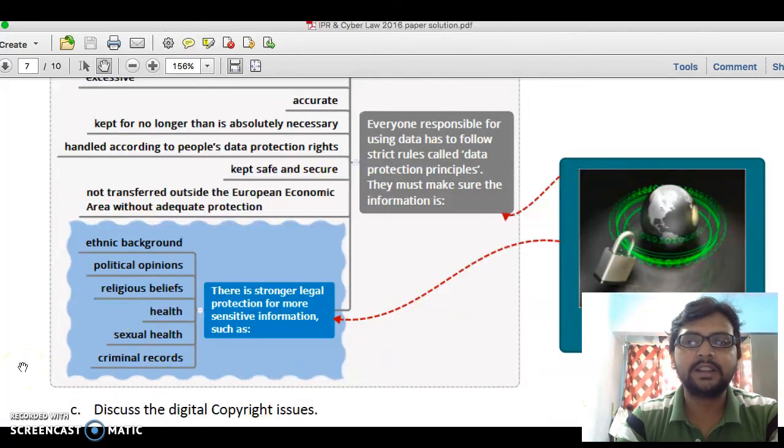If a criminal person was detained for stealing some data or something, and has already done with his punishment, we should not make his criminal records public, because if we make it public, there is very little chance that he can start again with a normal life, and that person tilts towards criminal ways only. So we should give everyone a chance to start again with a normal life. For that reason, we should not disclose anyone's personal or sensitive information, for example religion, health, sexual health and criminal records and many other things.